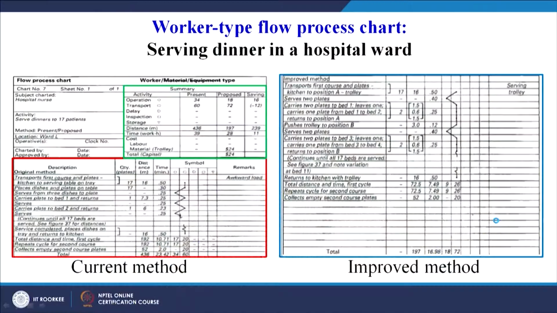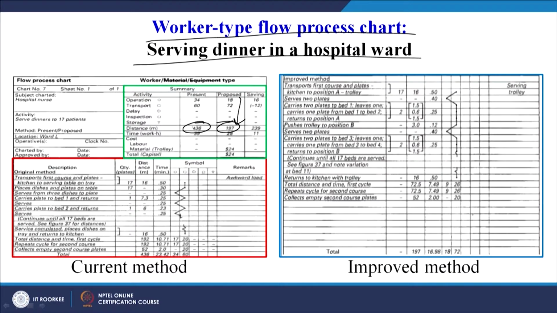The next problem can be related to this flow process chart, the worker type flow process chart of serving dinner in the hospital ward. Already you have seen this a number of times and the savings have also been reported. In the current method, the distance is 436 meters, but in the proposed method, the distance travelled is 197 meters with the help of a trolley.